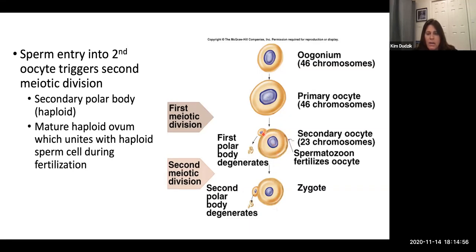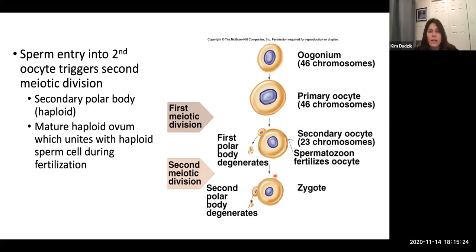And so again, the other polar body that results will degenerate and you end up with the sperm inside of it and the nuclei fuse. That's fertilization. So now this is a single cell diploid cell called the zygote. Now it's the zygote which will divide by mitosis to produce the embryo. Okay. So this is what's going on with the ovarian cycle.